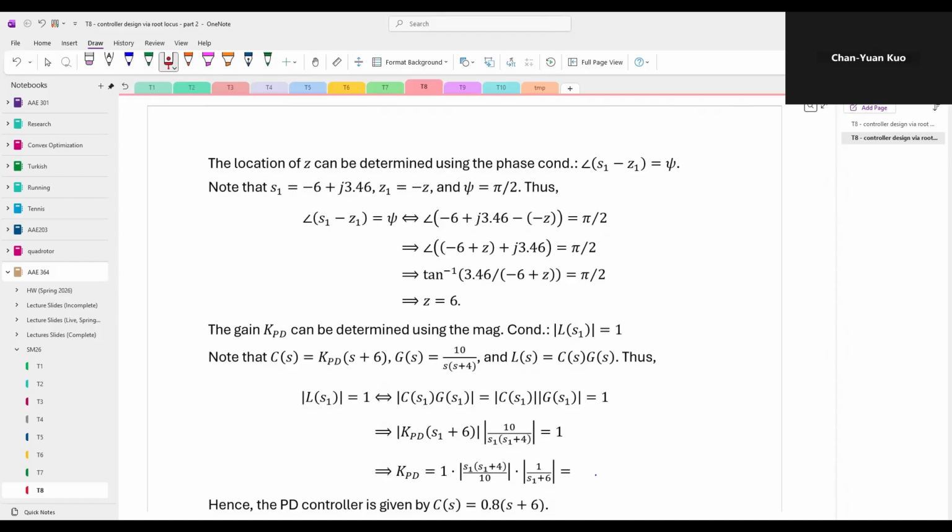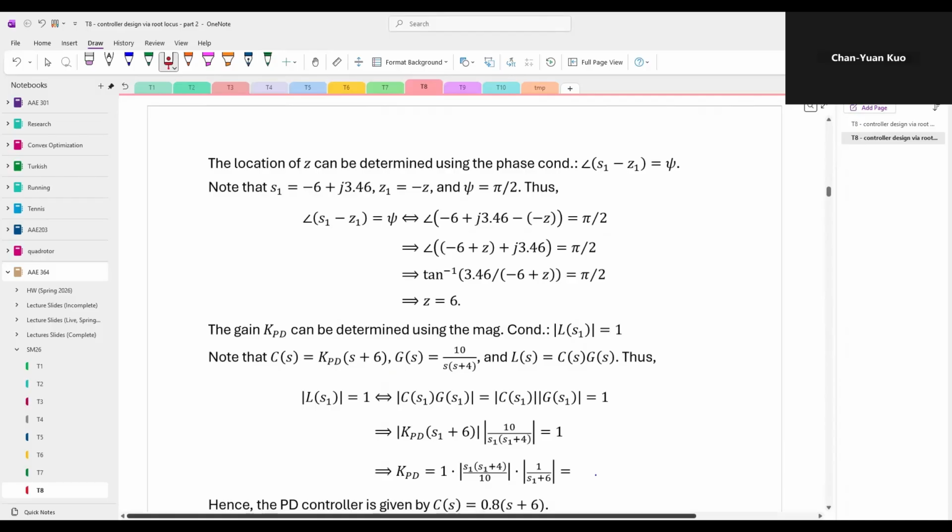And once the location of the zero is determined, we are left with only one unknown, the gain k, which can be determined by the magnitude condition. And since the open loop transfer function L is the cascade of the PD controller and the plant, we can simply substitute these expressions into this equation shown here and evaluate them at the desired pole location.